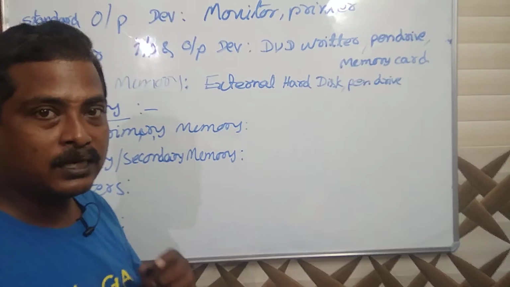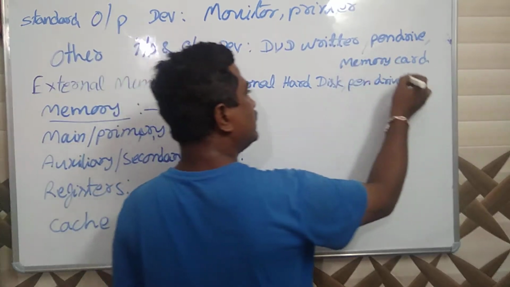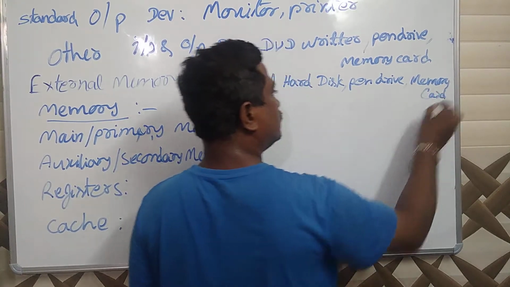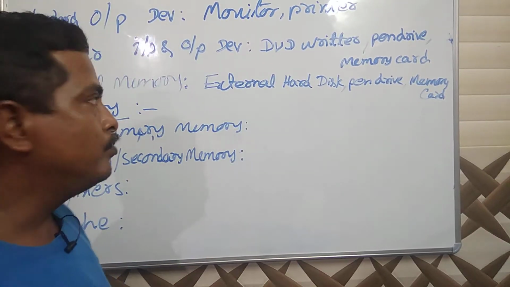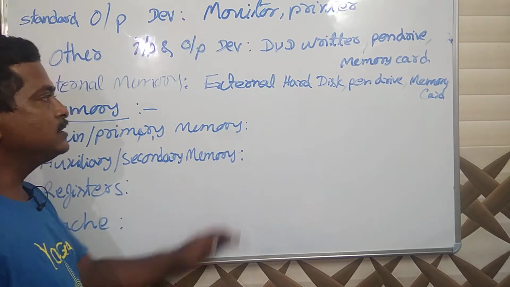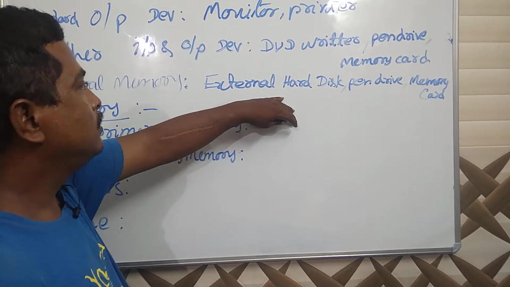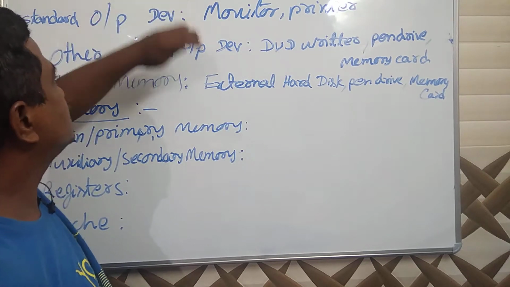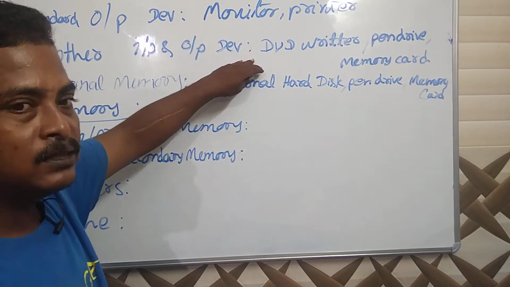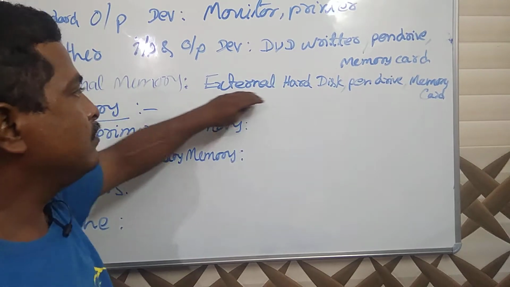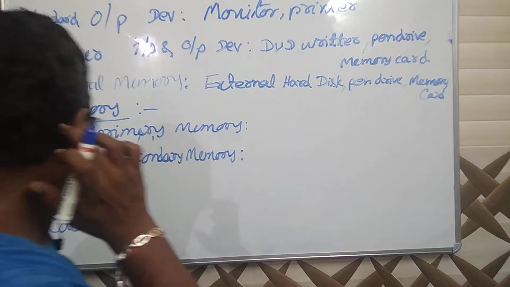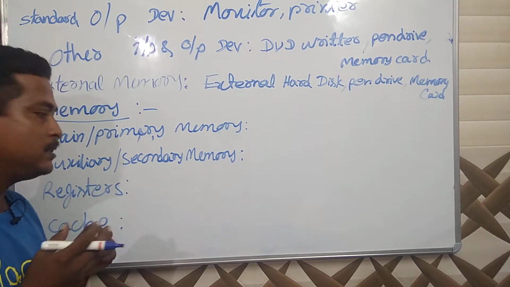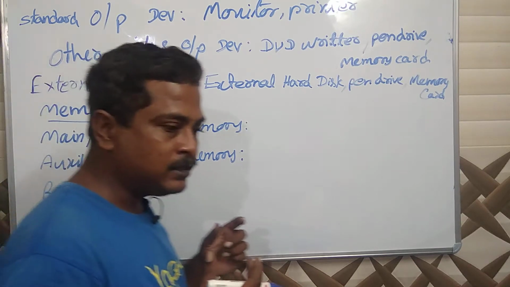You can read from and write to this memory. Similarly, a memory card also. You can perform both actions. So these are the things, some are standard devices and some come under the other input-output devices category, and the external memory category. Now we will consider the memory inside the computer system.